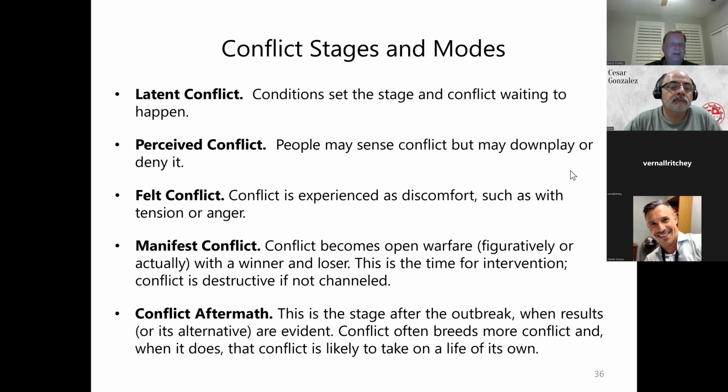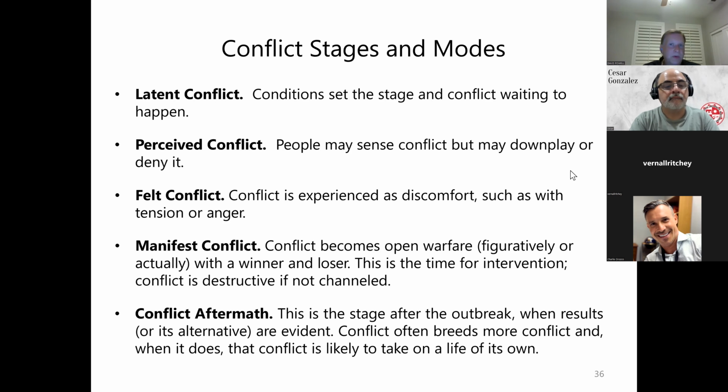It has potential to happen, but it hasn't really manifested itself yet. Then once people start to sense that there's conflict, that's the perceived conflict stage. People start to feel the conflict, but they deny it and downplay it, like, it's just these people not getting along very well. So they feel it, but it's not important enough for them to do anything about yet.